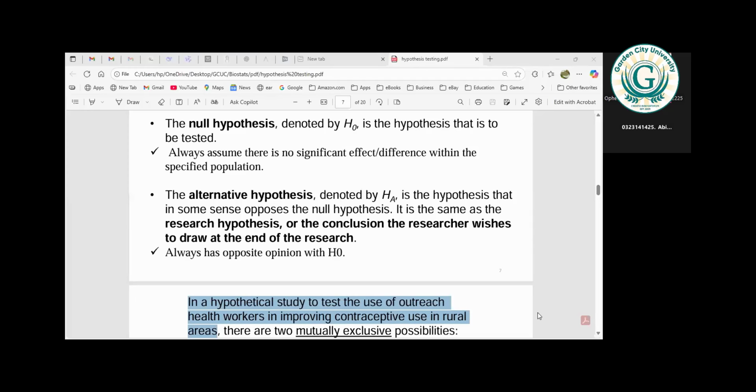So that will be the null hypothesis. And then the alternative hypothesis: the use of contraceptives in rural areas will be improved due to outreach programs by health workers. Okay. That's fine. Okay, let's listen to Abigail.